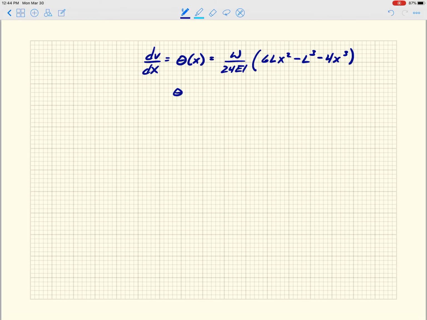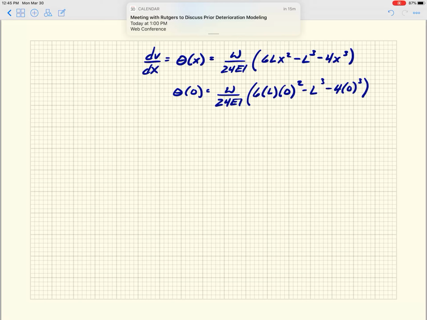I can then plug 0 into this. So theta of 0 is just W over 24 EI times 6 times L times 0 squared minus L cubed minus 4 times 0 cubed.